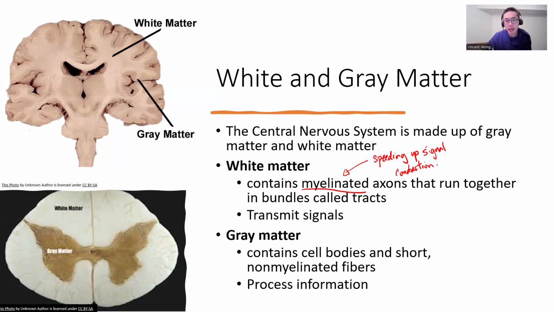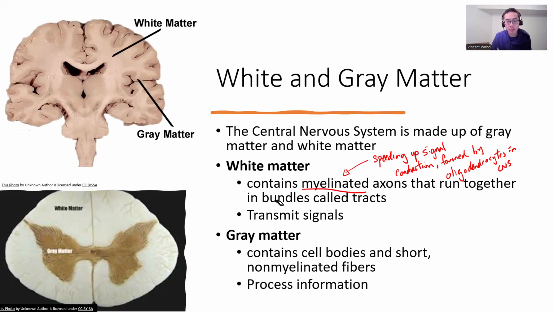And the myelin are formed by oligodendrocytes in the CNS. We learned this before. In the PNS is a different group of cells called the Schwann cells. But since we're just talking about the CNS right now, that's what we'll be focusing on.